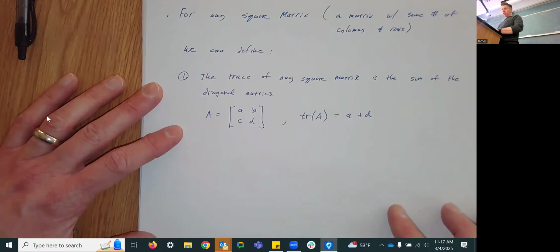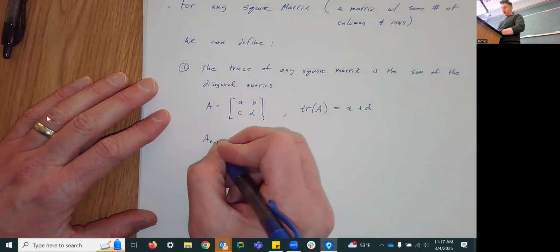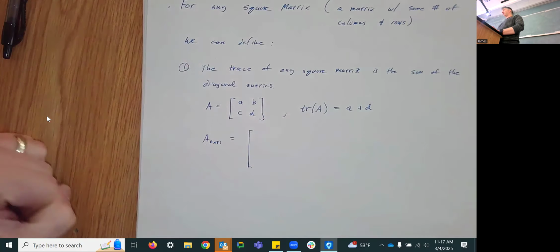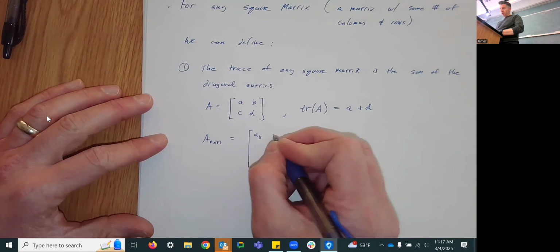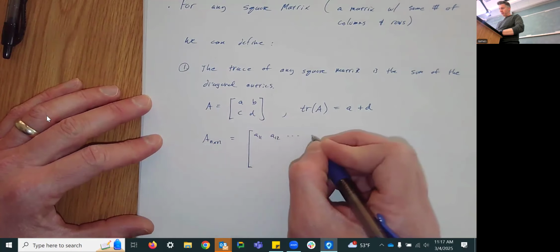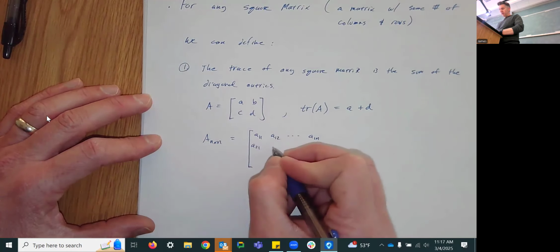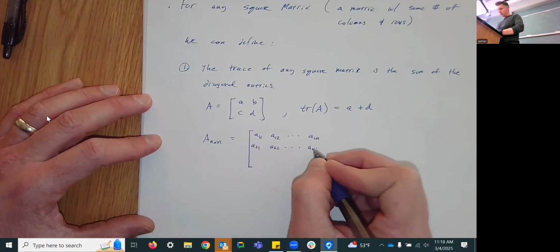More generally, if A is a larger, say an n by n matrix, here's how you write a general n by n. It's kind of annoying, but I'm going to do it anyway. It's A11, A12, dot, dot, dot, A1n. And then the second row is A21, A22, dot, dot, dot, A2n.